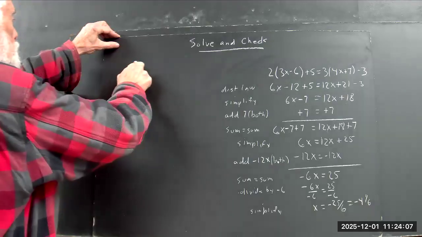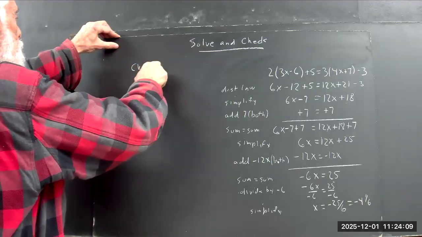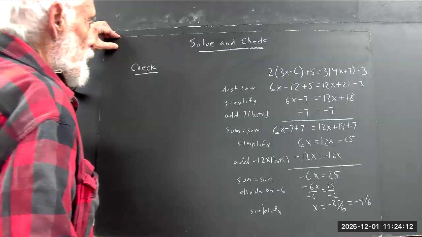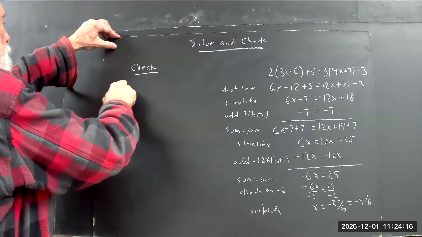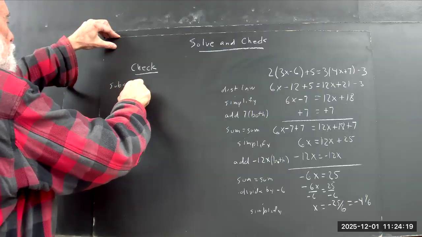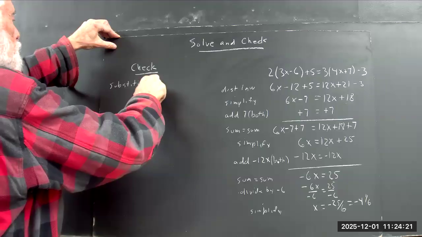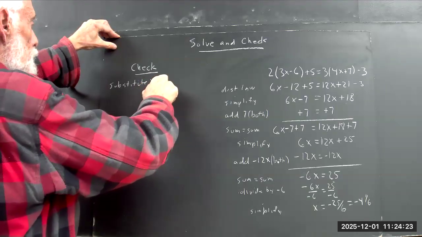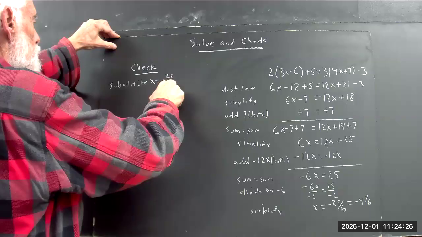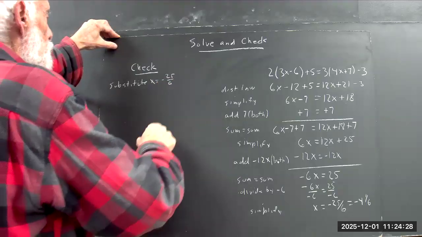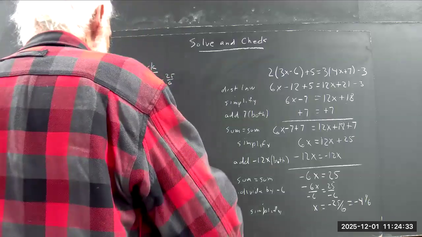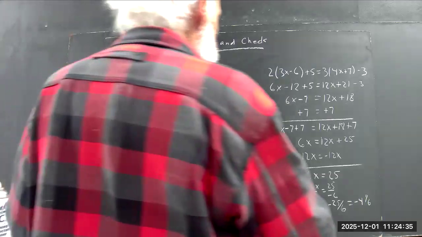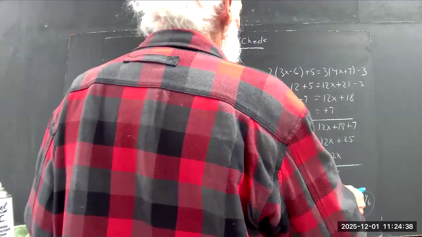Now, we want to check. We want to substitute x equals negative 25 over 6. And a lot of times, circle the solution.